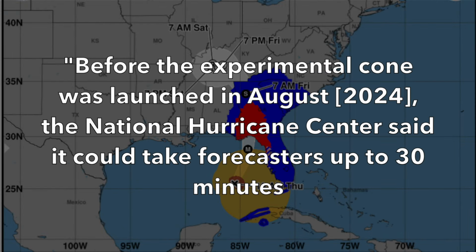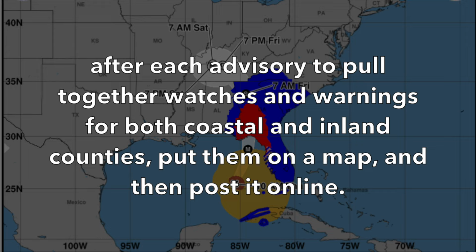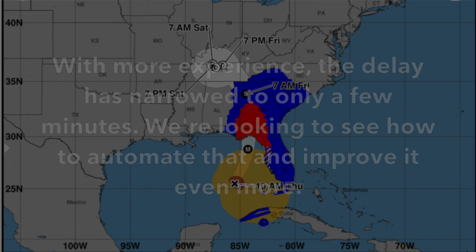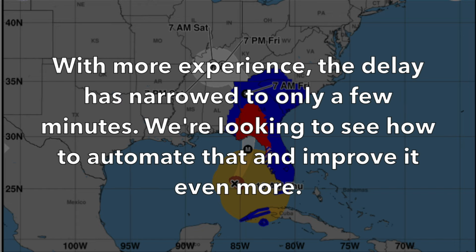Before the experimental cone was launched in August, the National Hurricane Center said it could take forecasters up to 30 minutes after each advisory to pull together watches and warnings for both coastal and inland counties, put them on a map, and then post it online.